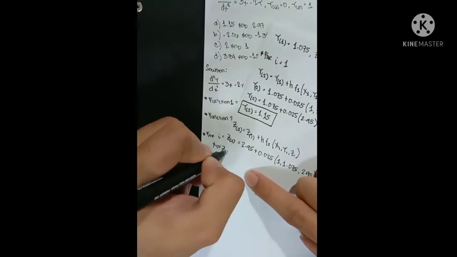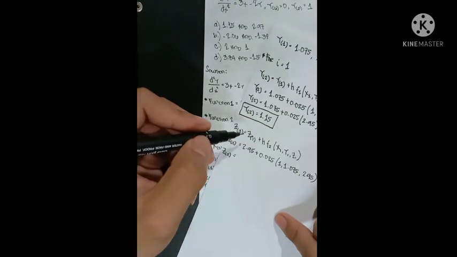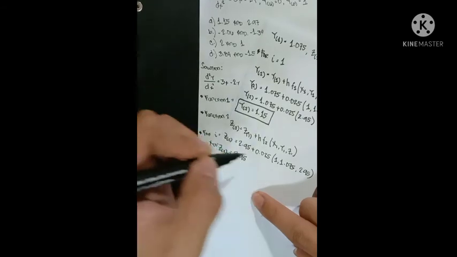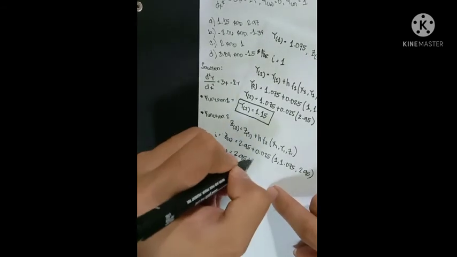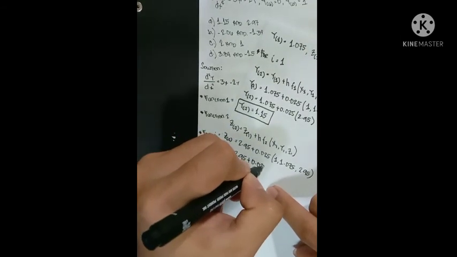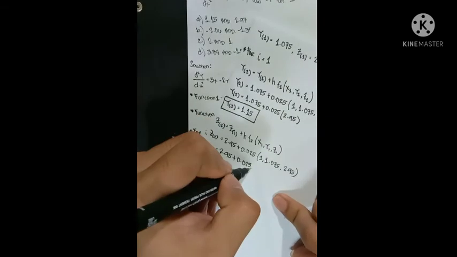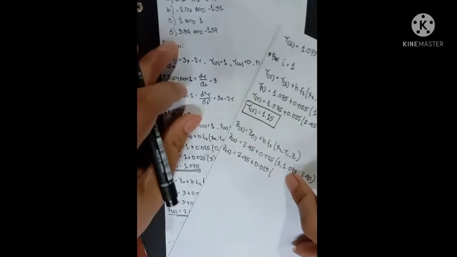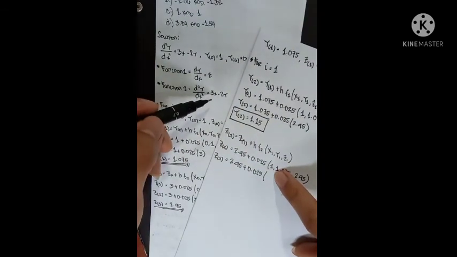So z2 is 2.95 plus 0.025 times function 2, which is 3x minus 2y.